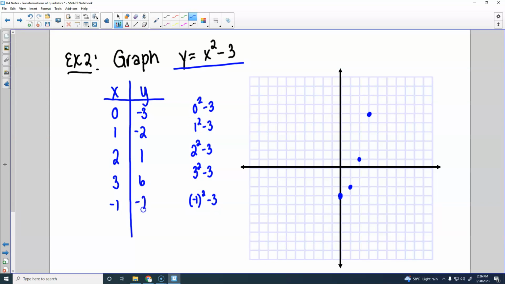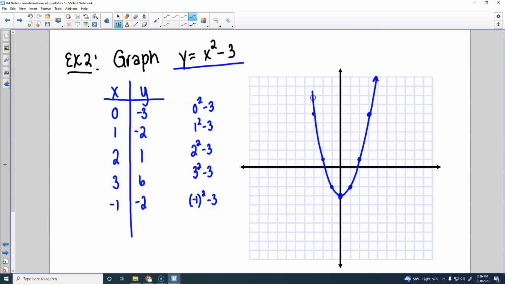So you're going to get a negative 2 here. So they're symmetric, right? So rather than plugging in all the rest of these numbers, I can kind of just look and see that this is going to be symmetric here. This will be symmetric here. And then I will graph.